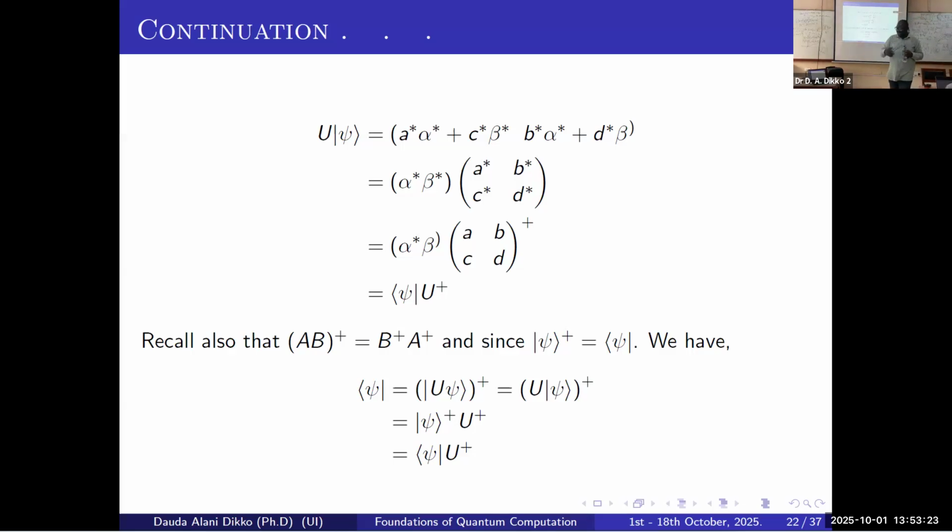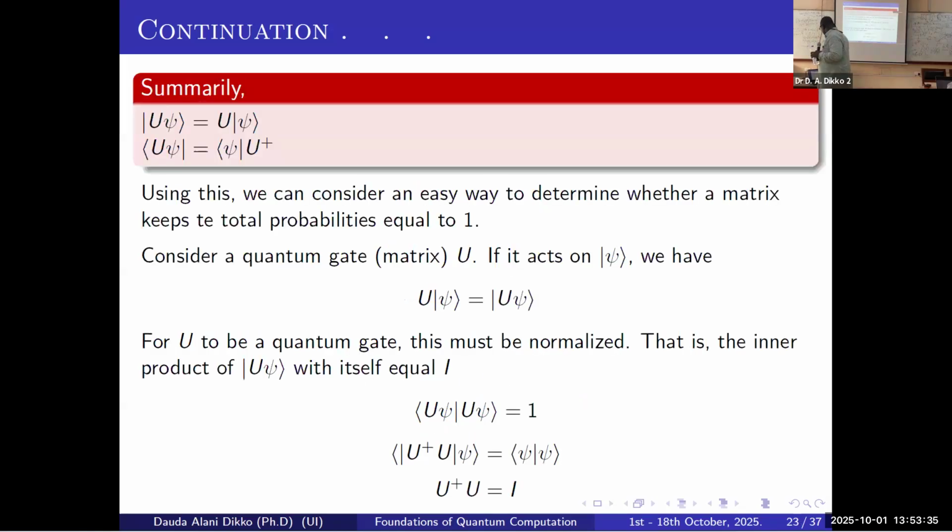These are some of the things in the algebra of operators that are also shown. Summarily, I said U phi ket is seen as U acting on ket phi, and if you take the adjoint, it's seen as bra phi acting on U adjoint.